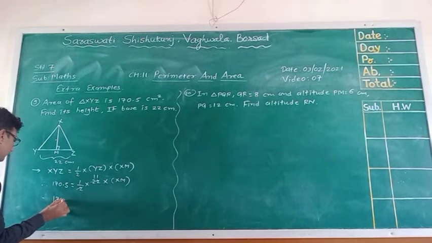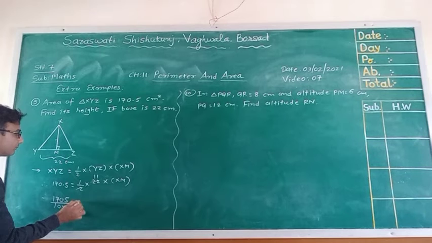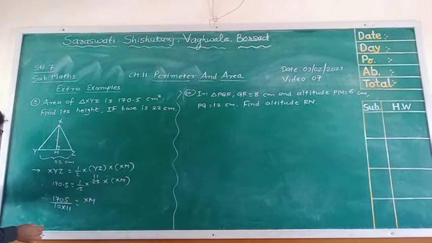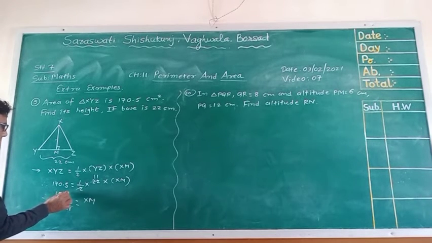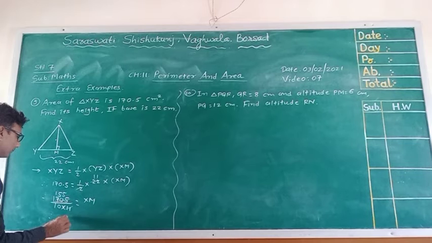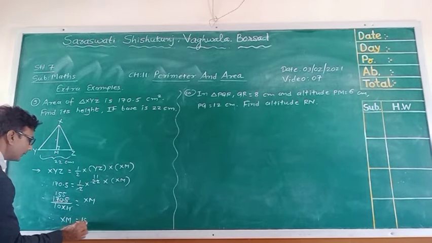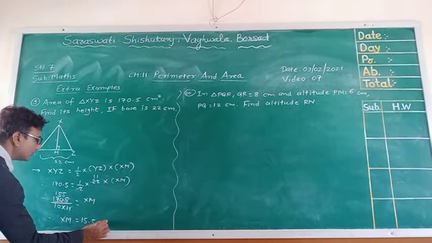This 170.5 upon 11 equals XM. Now let's cut here. 11 ones are 11, yes it can be cut by 11. 11 ones are 11. Now 6, 11 fives are 55. So the decimal point goes on one side, this is 15.5 centimeters.